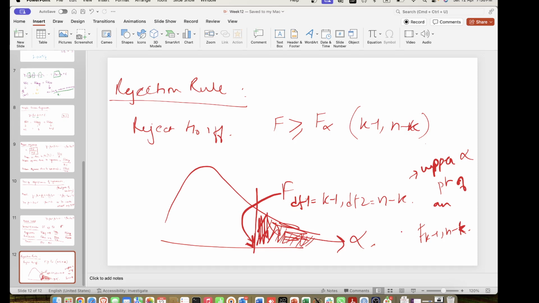This is how we devise an ANOVA table. So if I give you some problems, let me write down a few so that we are absolutely sure about the calculations that go on.